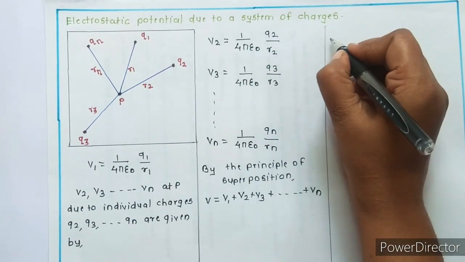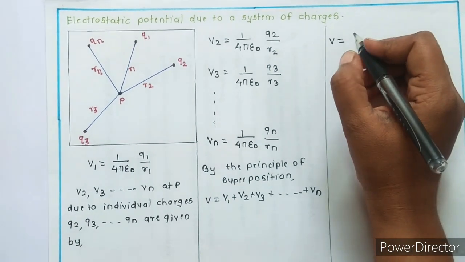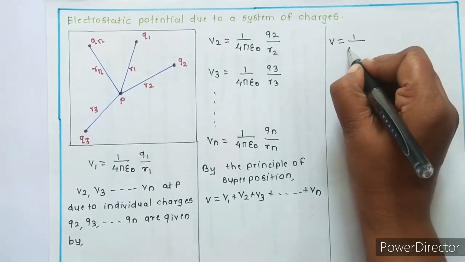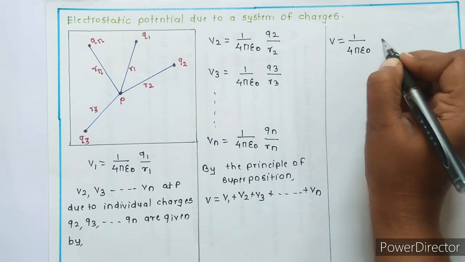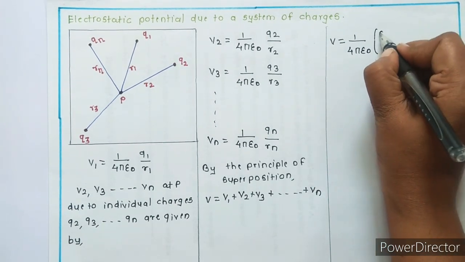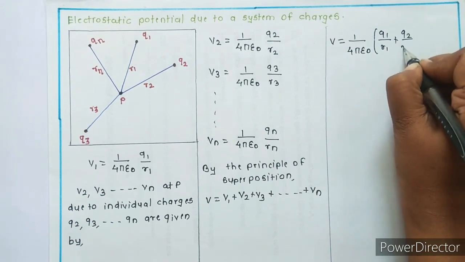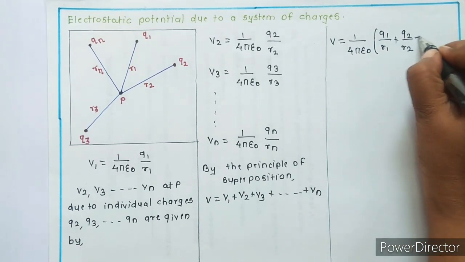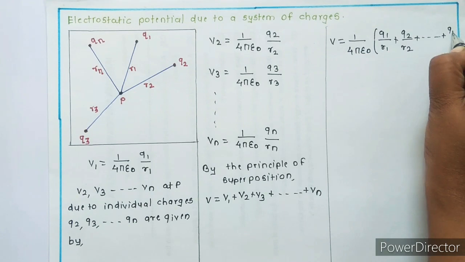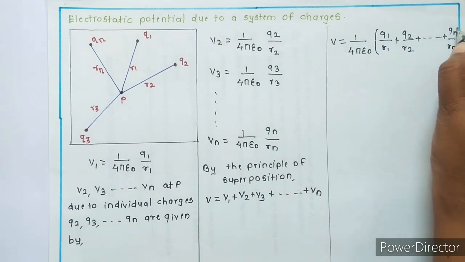So V is equal to what? I have already taken 1 upon 4 pi epsilon 0 outside of the bracket. Then what is remaining is Q1 upon R1 plus Q2 upon R2 plus Qn upon Rn.